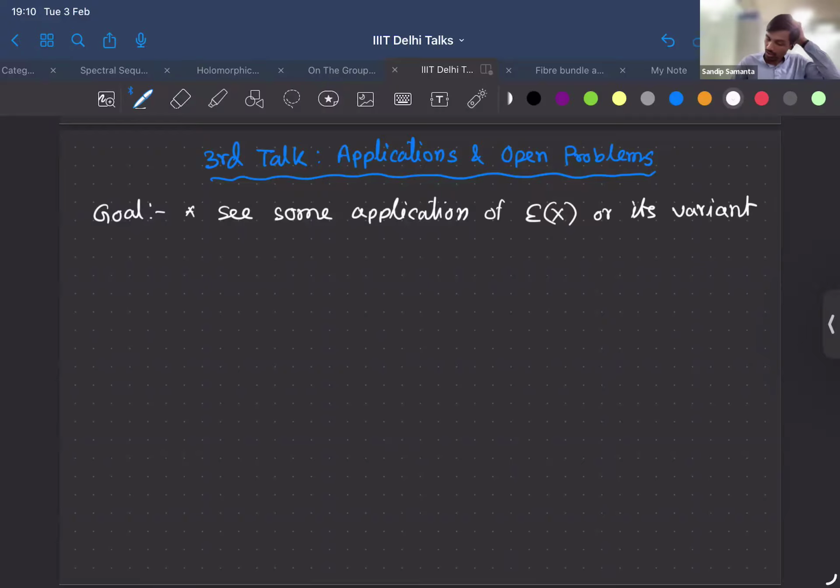By variant, we consider here the group epsilon X, the group of self-homotopy equivalences of X, which preserves the base point and consists of the homotopy classes of those maps.